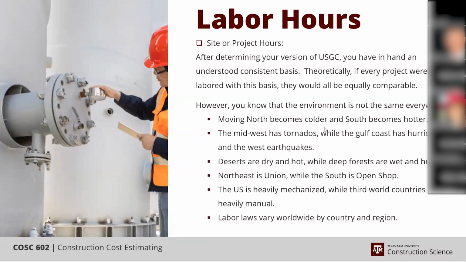The answer is that every job is different. As you move north, it's colder, south is hotter, Midwest has tornadoes, Gulf Coast hurricanes. You go to the West Coast, there's earthquakes. So you have acts of God that you have to deal with. It's hot and dry in the desert. It's humid and wet in the forests, Northeast, Pacific Coast.